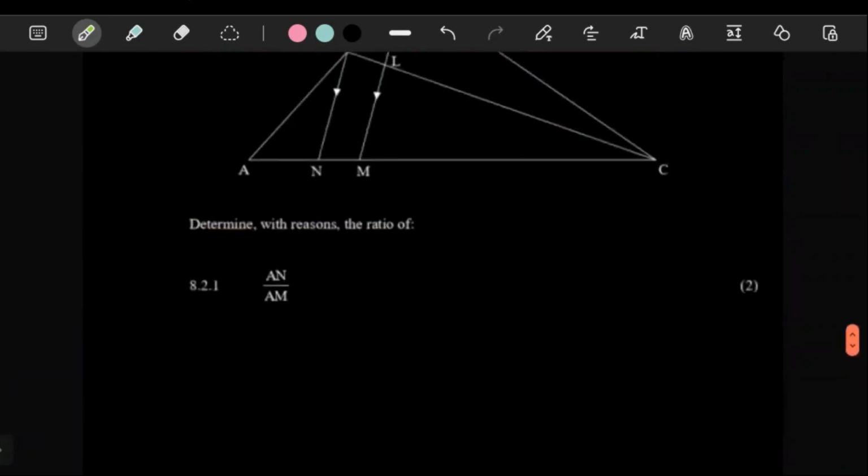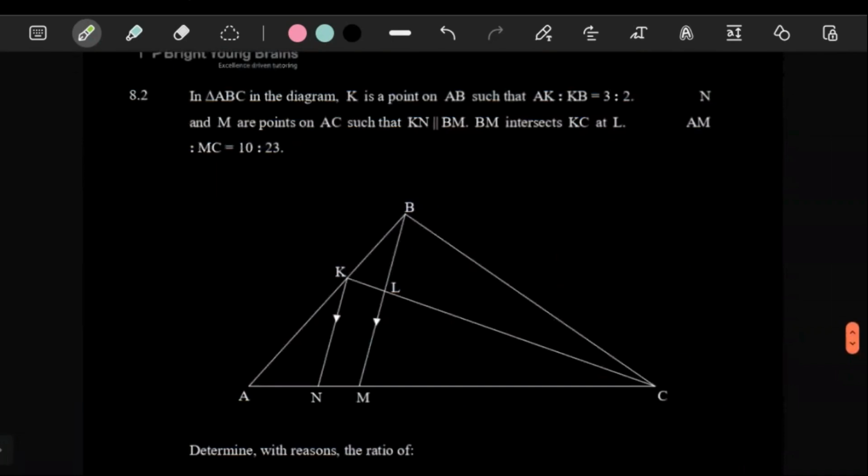It says here, in triangle ABC, K is a point on AB such that the ratio between AK and KB is 3 to 2.